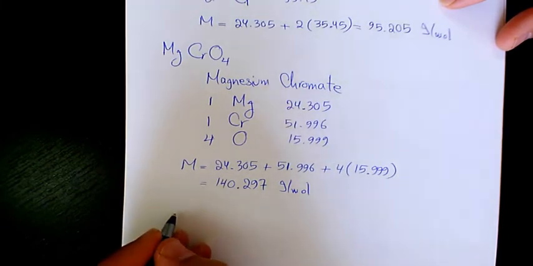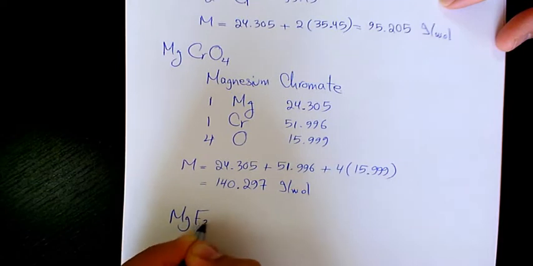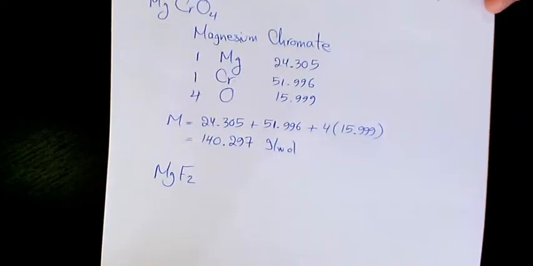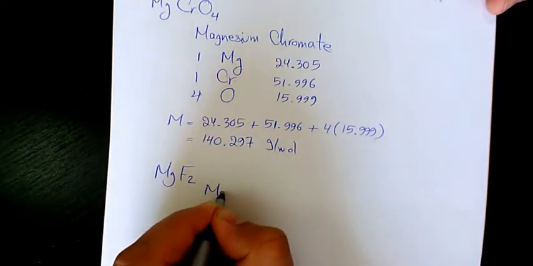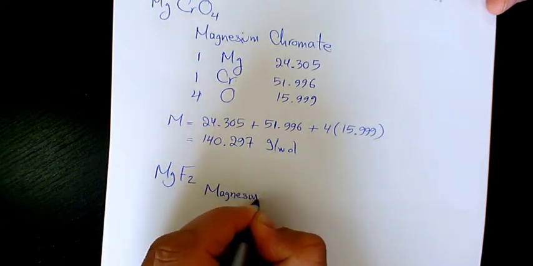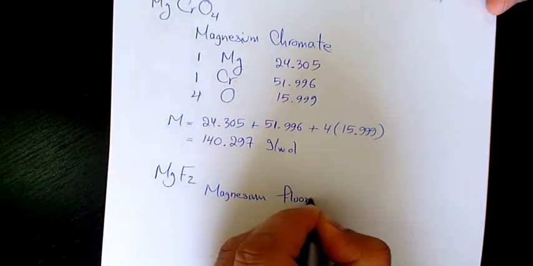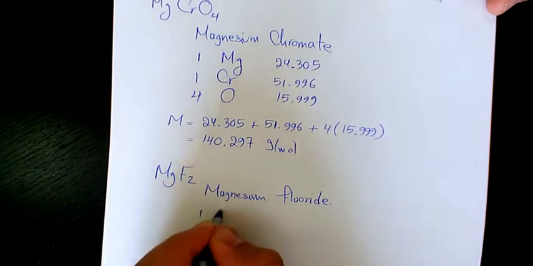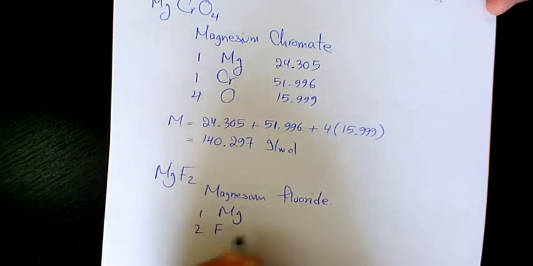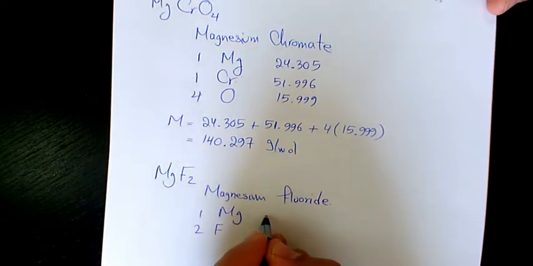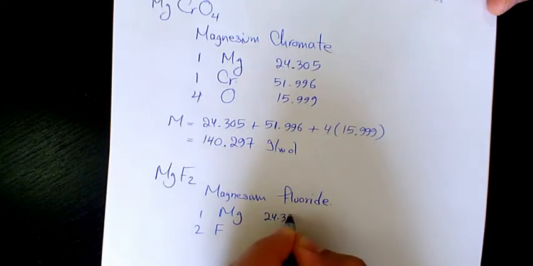Next one is MgF2. That's magnesium fluoride. We have one atom of Mg and two atoms of fluorine. Mg is 24.305.